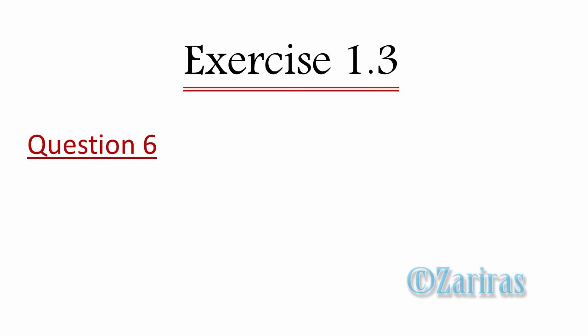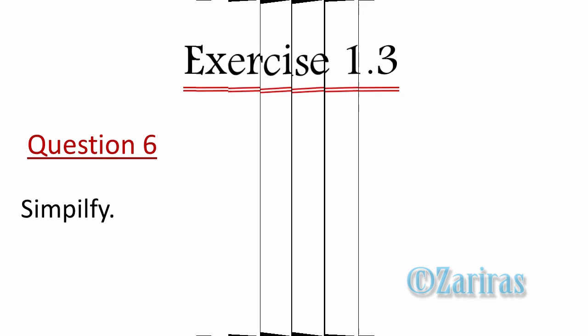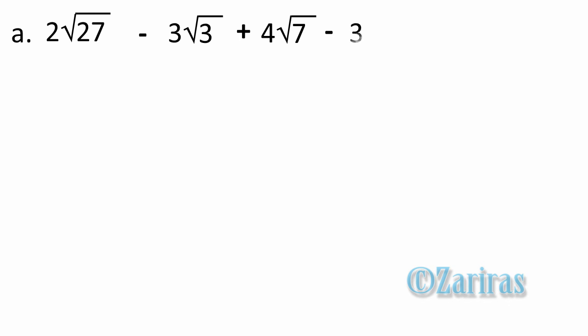So we simplified. Oh, we have another question. Question 6 is again simplify. Question A: 2 root 27 minus 3 root 3 plus 4 root 7 minus 3 root 28.